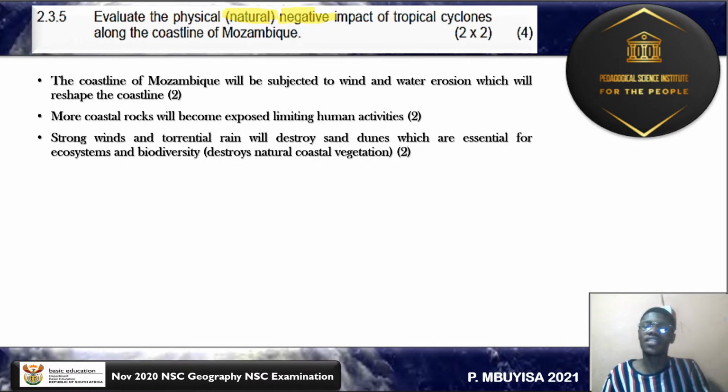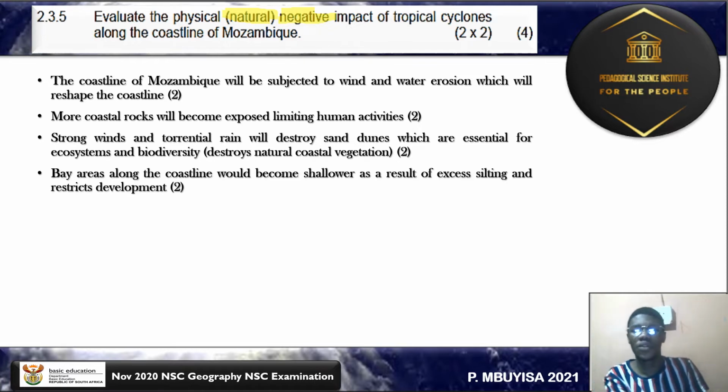The natural vegetation will be destroyed, because you might have observed that when tropical cyclones hit, we usually have trees being uprooted from the ground. So this shows that the system is very strong, very intense, very massive, and has detrimental effects on the general environment. So that is a very important point to note.